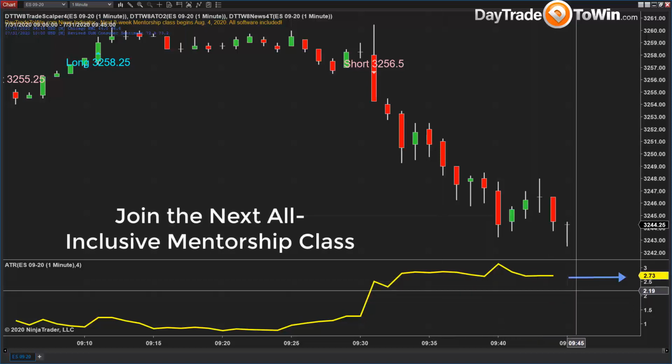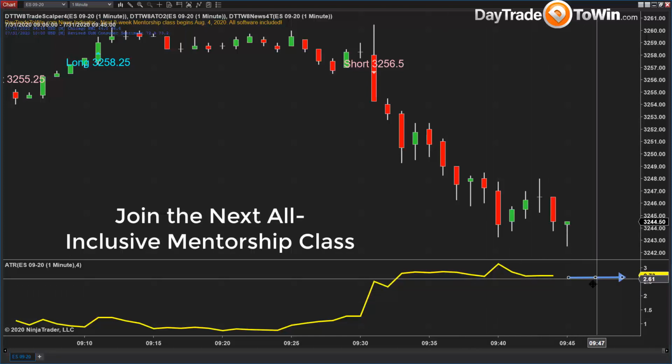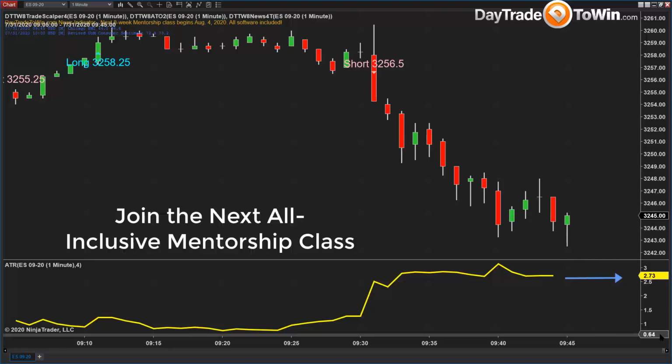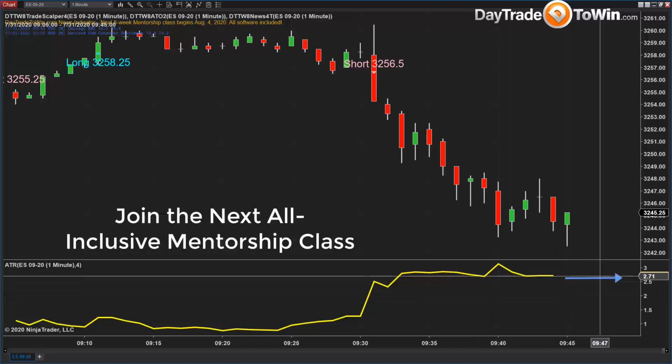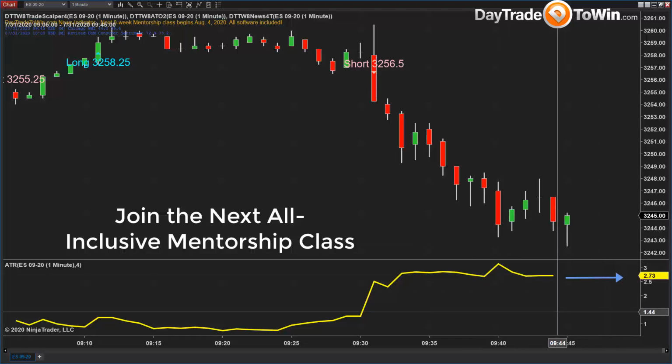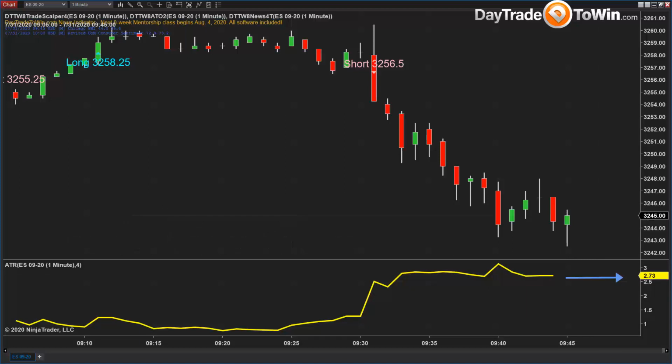So the target isn't 3 ticks when the volatility shown on the ATR is this high. It has to be closer to 1 times the ATR, Anthony. So increase the profit target to 2 or 2.5 points to compensate for the volatility. And so now you have your stop and your target. Anthony, let me know if that makes sense. Oh, very good questions. Okay, good.